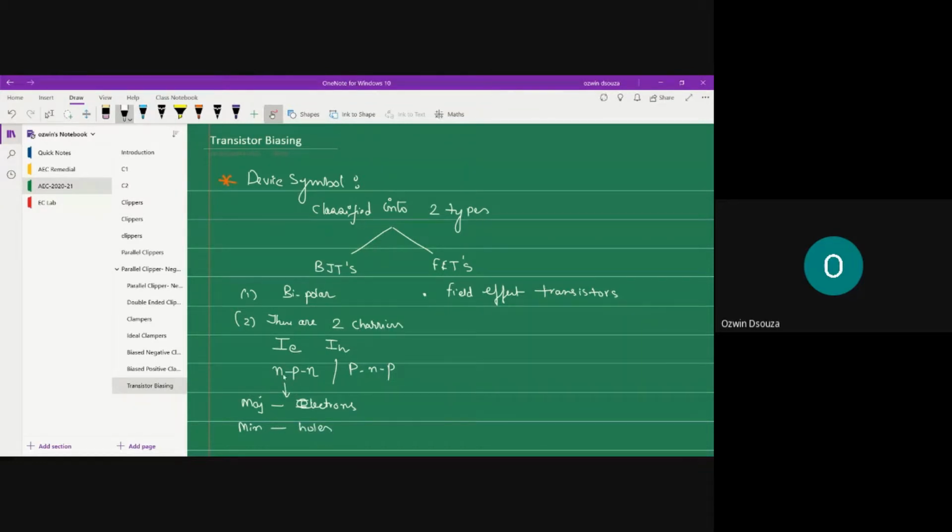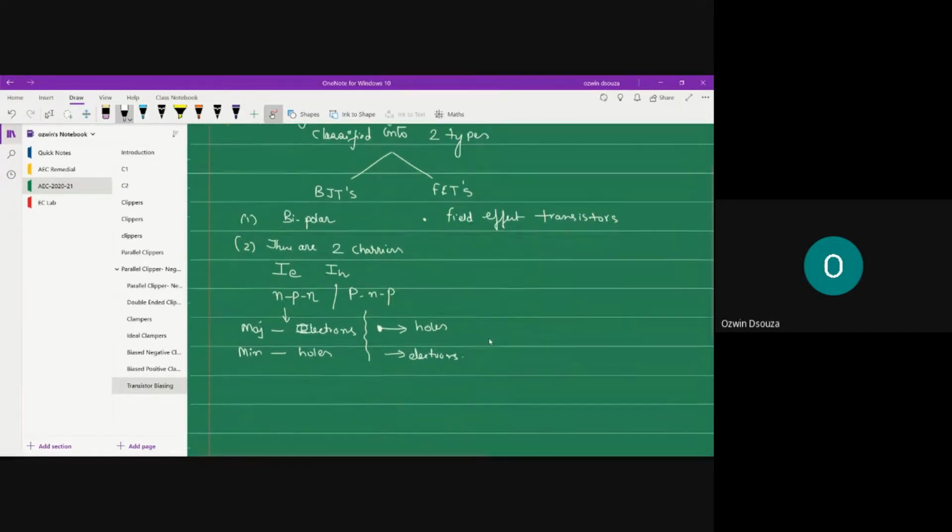That's because there are two layers of N negative, right? On the other hand, in case of PNP transistors, majority charge carriers are holes and minority charge carriers are electrons.